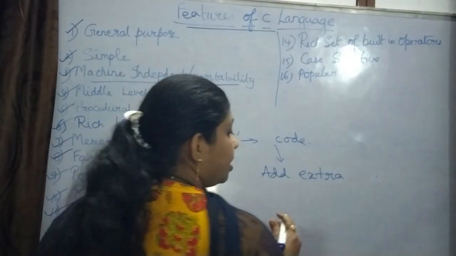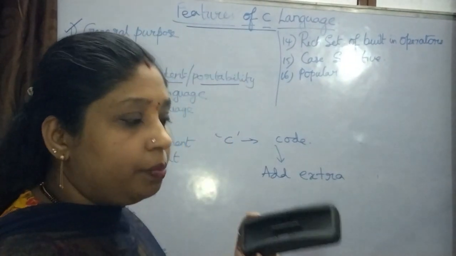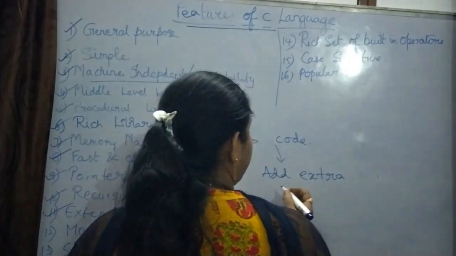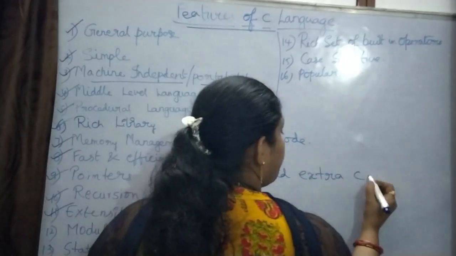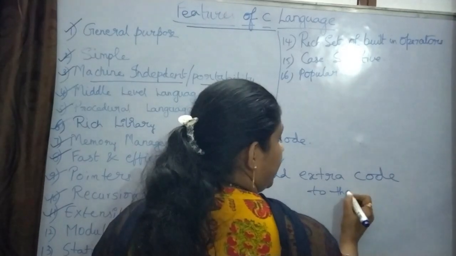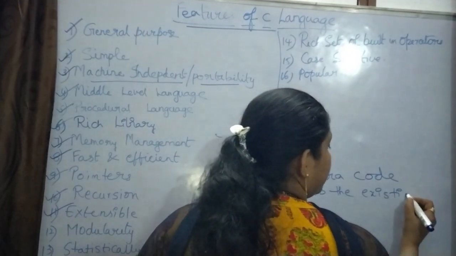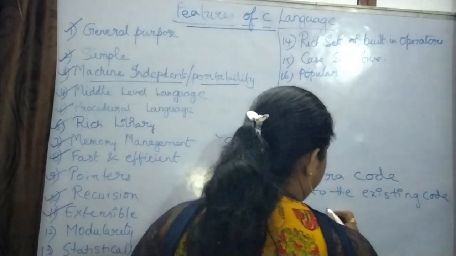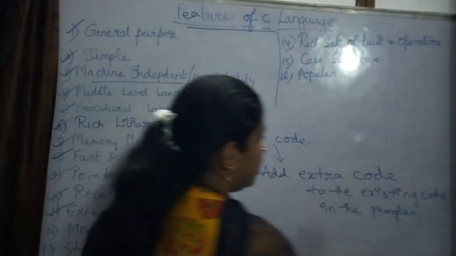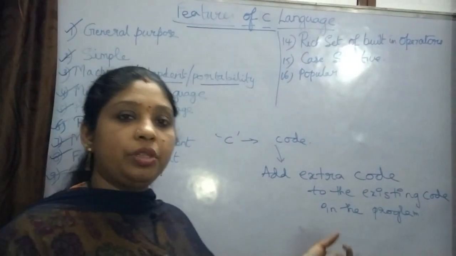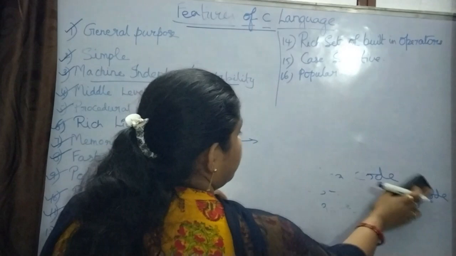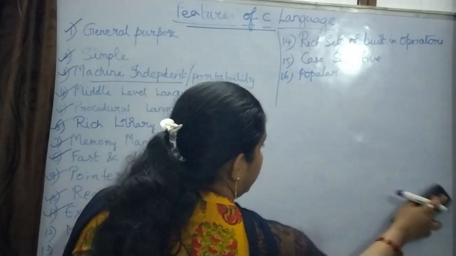That means you can extend the code of the program. This is called extensible. Understood? Extensible means you can add extra code to the existing code of the program. This is the extensible feature of the C language.